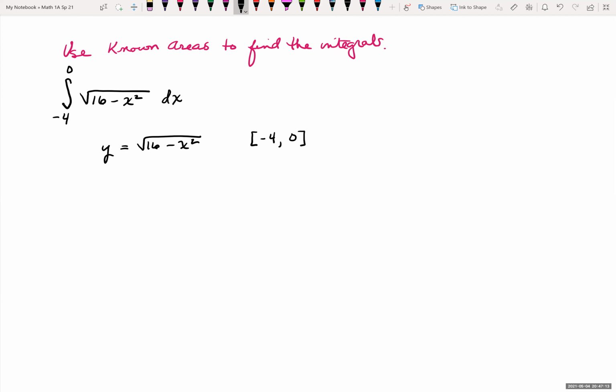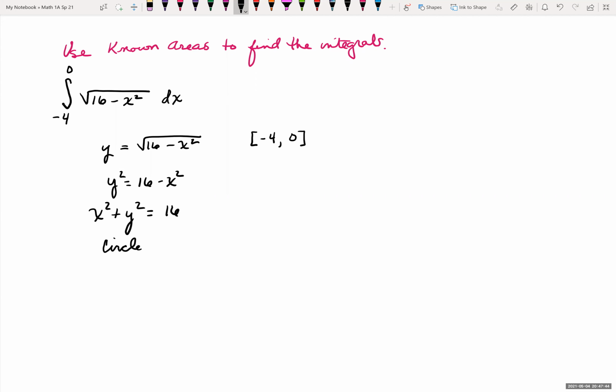So if we square both sides of this equation really quickly, we would get y squared is equal to 16 minus x squared. If I add x squared to both sides, notice I get x squared plus y squared equals 16. So I can tell right here that this is a circle, because this is in the form where I can tell what the radius is and what the center is.